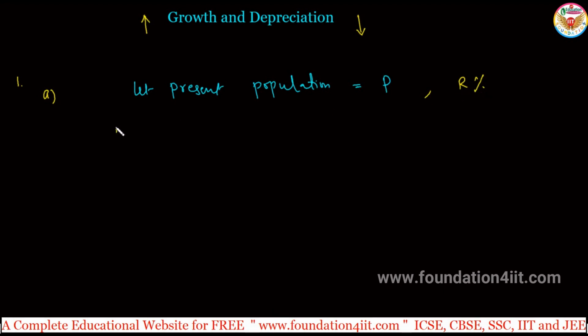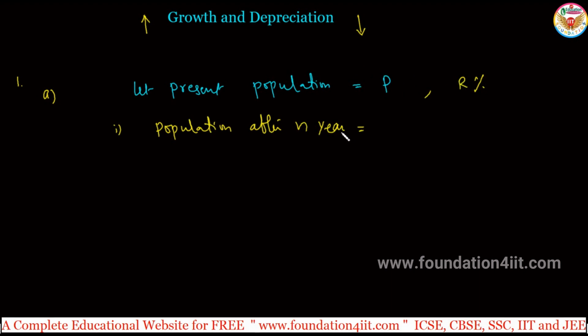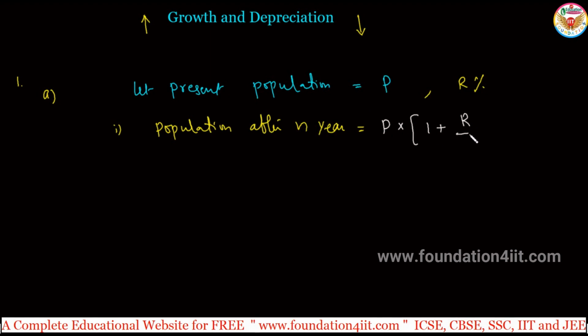Okay. Then if you want to find the population after n years, after 3 years or 4 years, that is n, the number of years. For example, present population is 1 lakh. Every year they are increasing 10%. So the population after n years is equal to P into, the same way we applied the compound interest formula, P into 1 plus R by 100 whole to the power n.